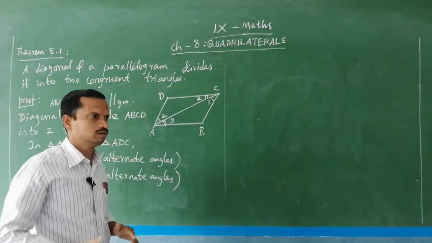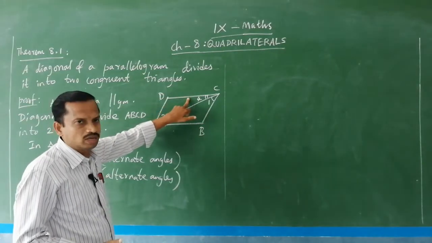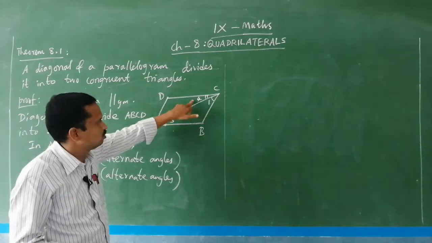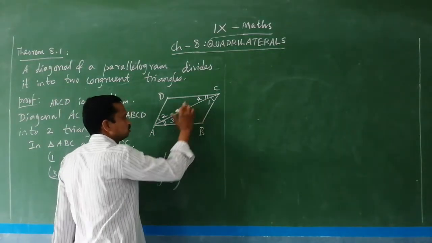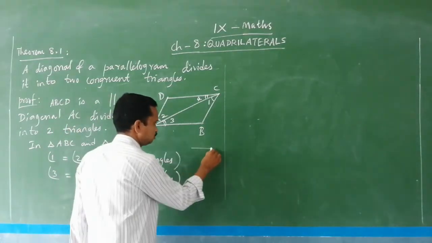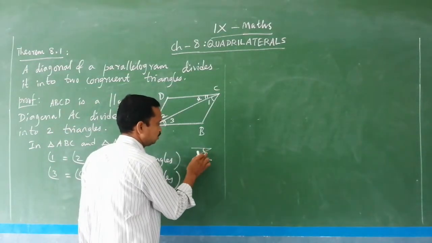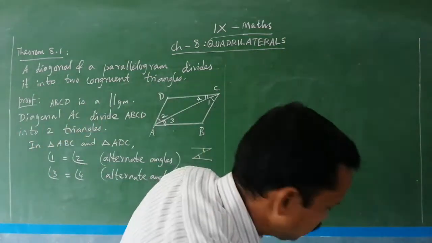Alternate angles means the angle made by this side and the transversal, that is angle 4, and the angle made with AB and the transversal is angle 3. So, like a Z angle, this angle and this angle are the alternate angles.